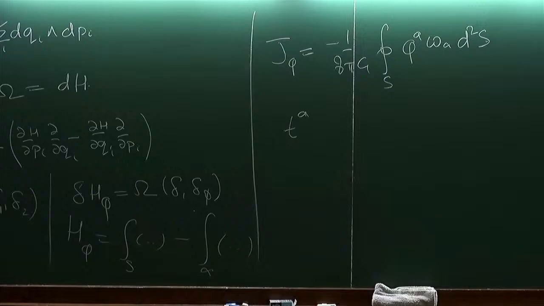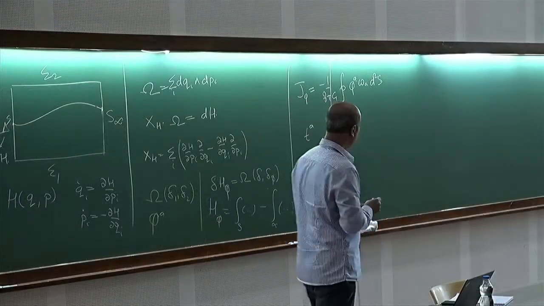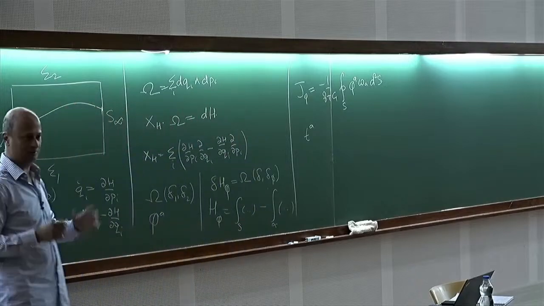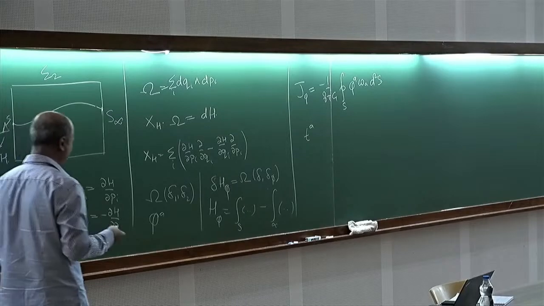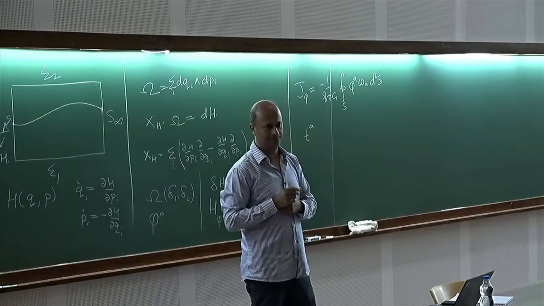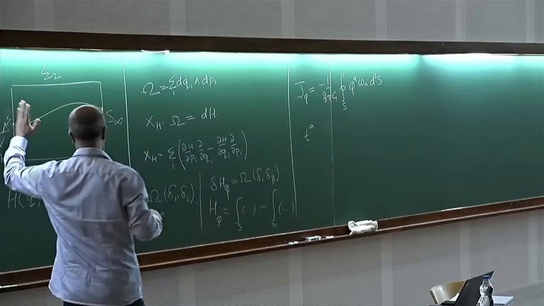In the usual case, we assume that at infinity it becomes the standard unit time translation. Again, it's not going to be important for us, but that is what you need in this calculation. Then again, like before, it doesn't really matter what it is in the bulk, as long as everything is smooth, and it will turn out that the Hamiltonian corresponding to time translation will have surface terms only. So the important question is, what is this T at the horizon?